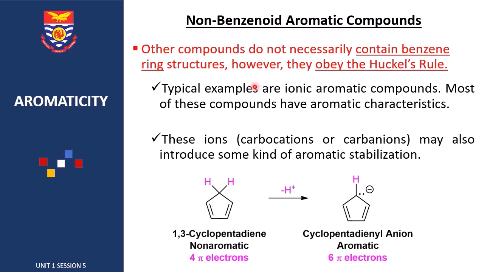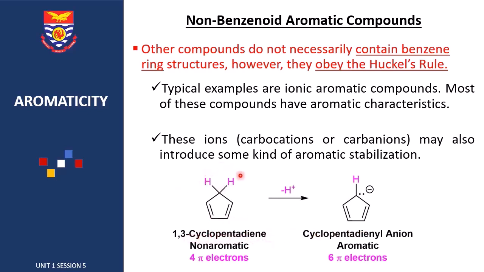These are compounds that do not necessarily contain the benzene structure, however they obey Hückel's rule, and therefore we refer to them as non-benzenoid aromatic compounds. They do not have the benzene ring in them at all. They are composed of different structures, but they obey Hückel's rule.